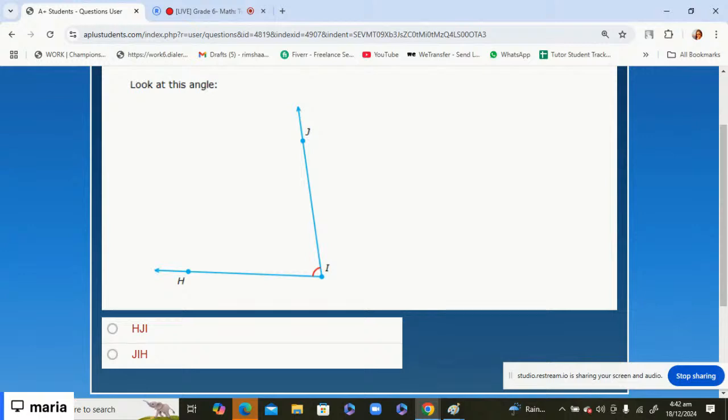So which one is the right one? So what is the right answer? That is J, I, and H. Okay?